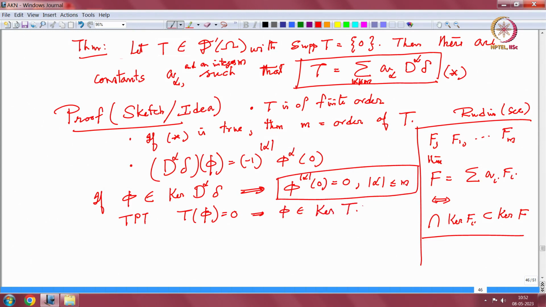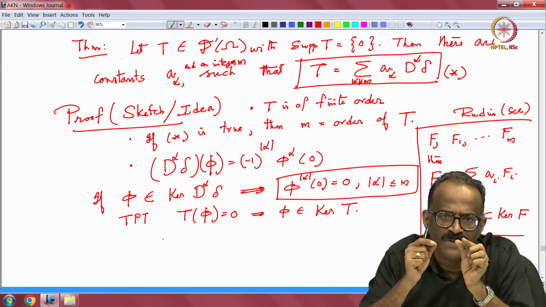Okay. Now, there are two technical points you have to understand. First, the support of T is {0}. So, if you take any phi supported outside a neighborhood of 0, T will not contribute anything. However small a neighborhood you take, the non-triviality of T phi will come only from the neighborhood of 0.